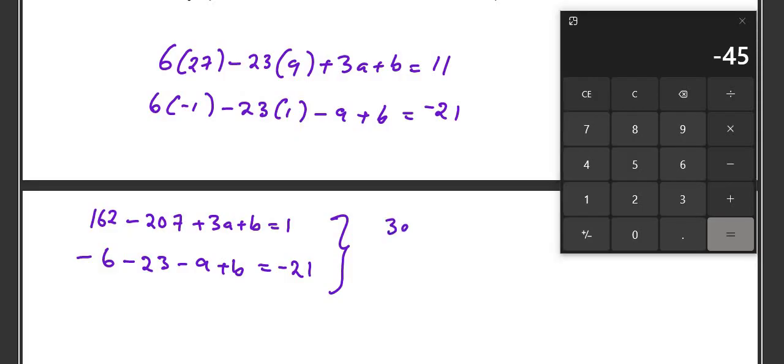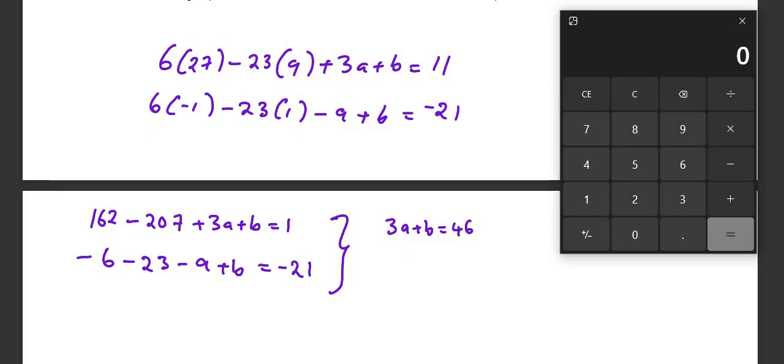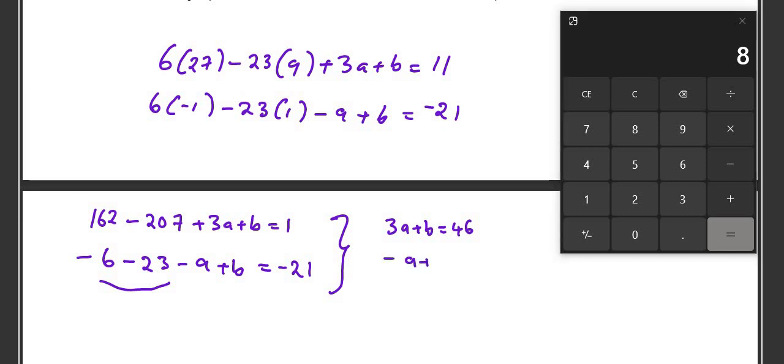So the first one is 3a plus b is equal to 46. Again, please verify if these will be the same answers you'll be getting. Then this will give us -29. When it goes on the other side, it will be positive. So we're just saying 29 minus 21. This is going to give us 8. So we're having -a plus b is equal to 8.